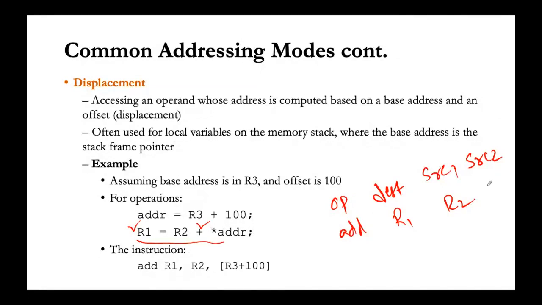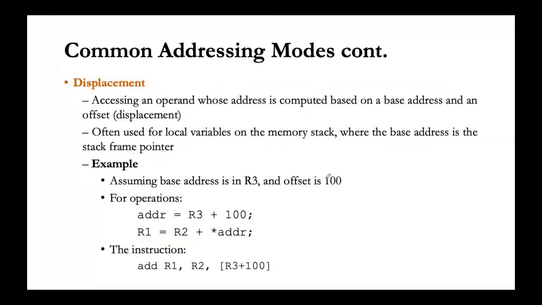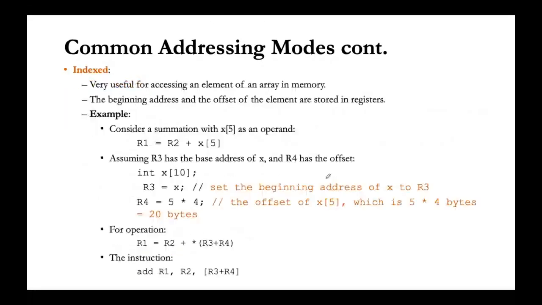That address is held in the register R3 with the displacement 100. It gives the address of that operand, and from there it can be retrieved. So this is the displacement addressing mode.